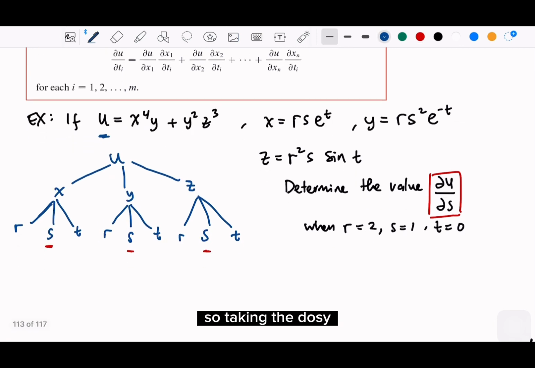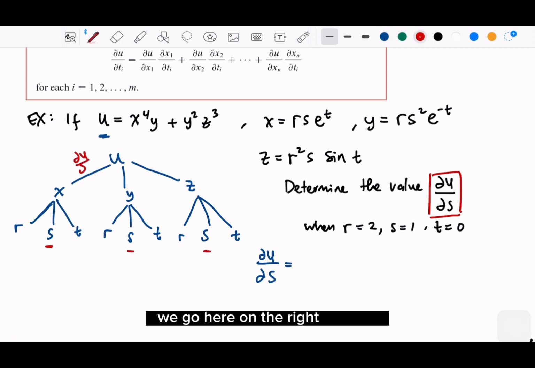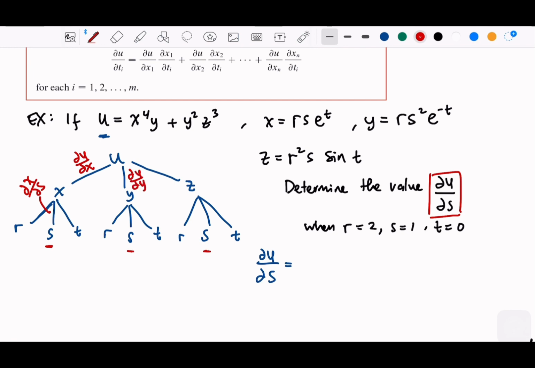So taking dou u dou s, it is equal to, we go here on the right, dou u dou x, and then here is dou x dou s, right? And we go here, dou u dou y, and then dou y dou s, here's the same.